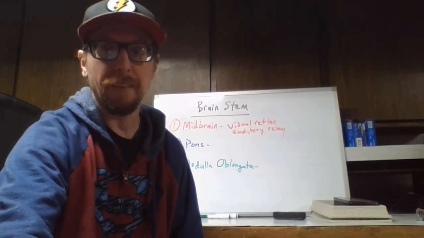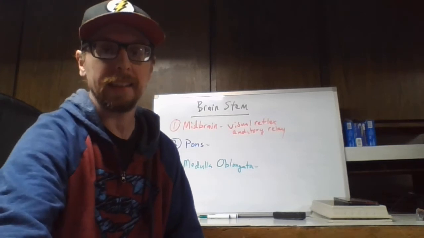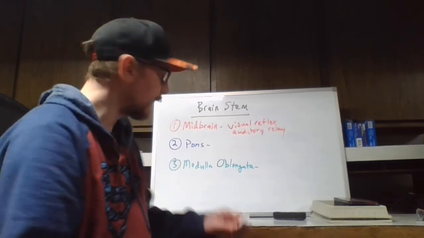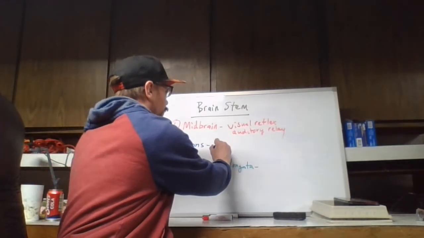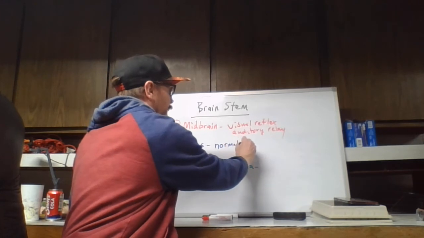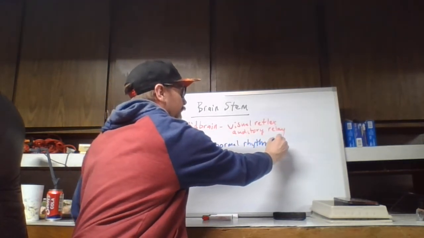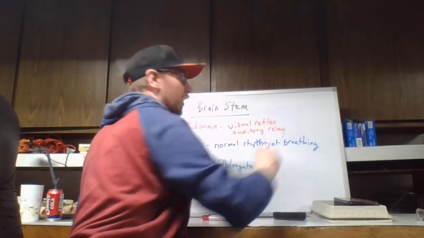Alright, so going on to the next one, the pons. The main function that I want you to remember about the pons is that the pons helps you maintain a normal rhythm of breathing. So breathing is a voluntary and involuntary function.